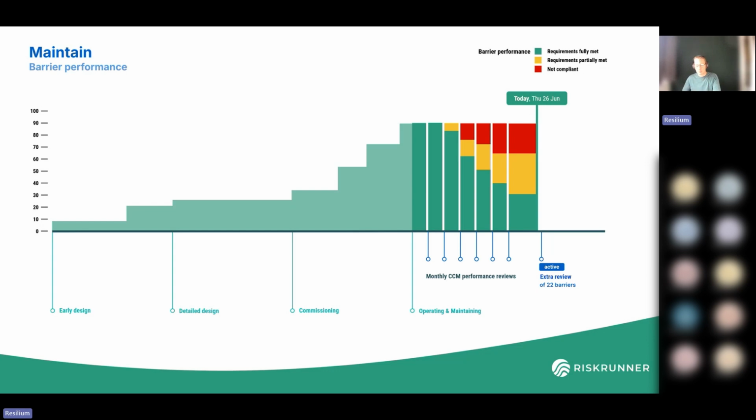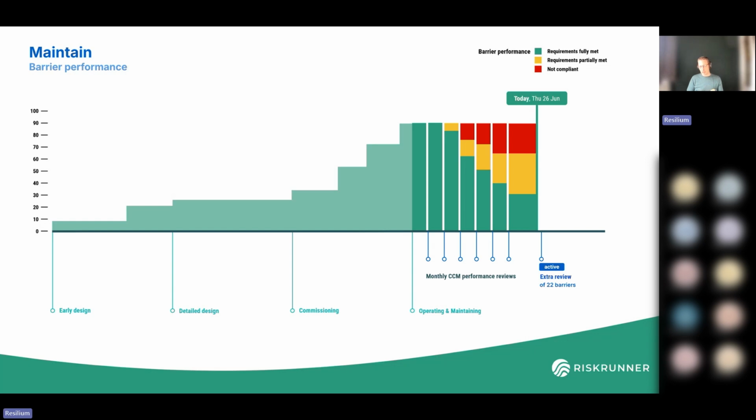Then at some point you start operating and maintaining. When you start this, all the barriers you've decided on should be in place, and this is when you start to track the performance. Of course, before this time there is no real barrier yet because you're still building them. But once you start operating, you have a set of barriers and you need to be monitoring them.